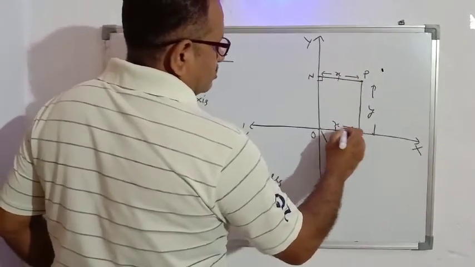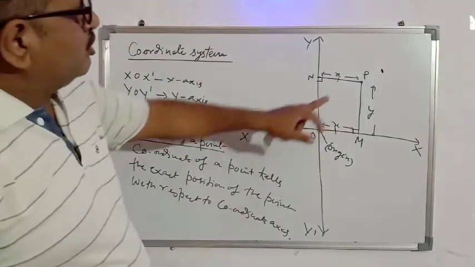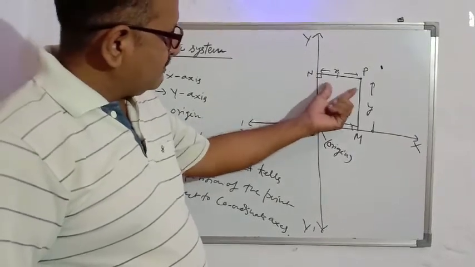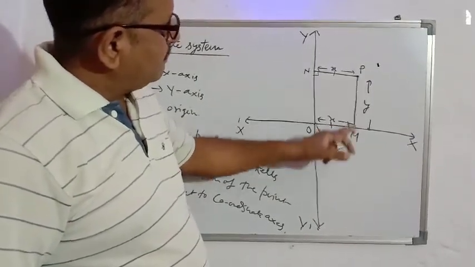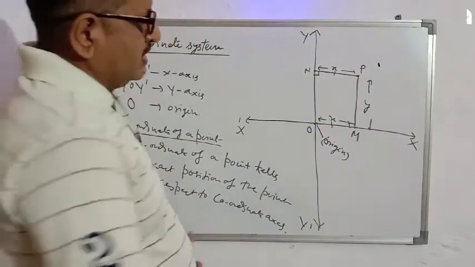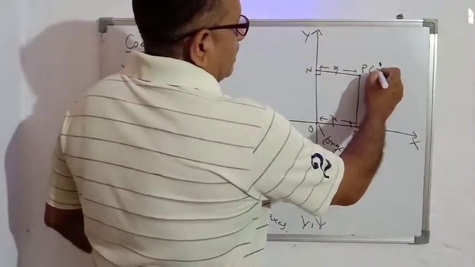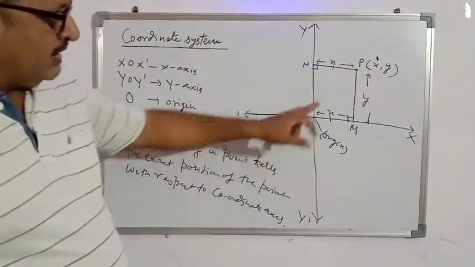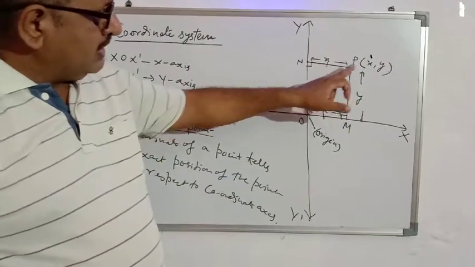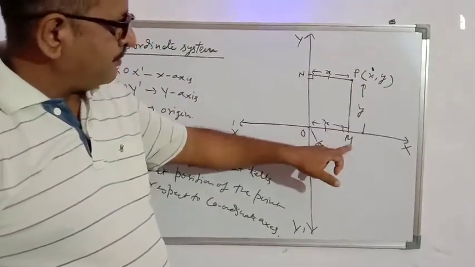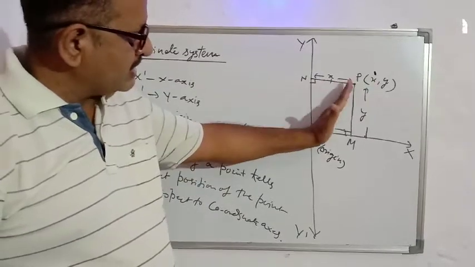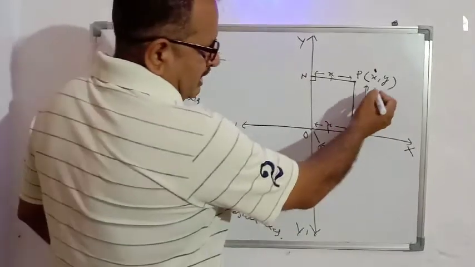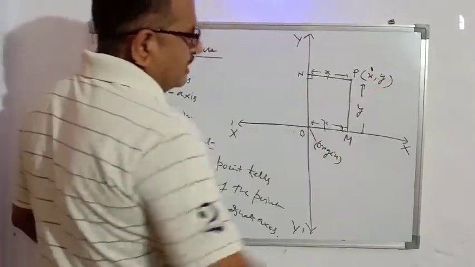Then the coordinate of point P is written as the ordered pair (x, y), where x is the distance from the y-axis and y is the distance from the x-axis. We write the coordinate in the form of an ordered pair.